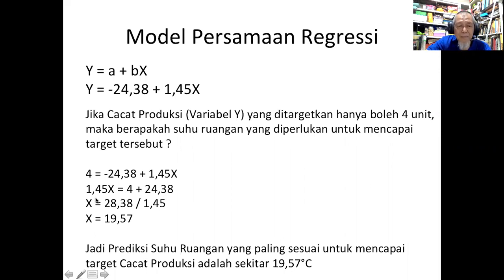Now we put x over here to find out, and we reverse the regression coefficient, so 28.38 divided by 1.45 equals 19.57. That means we can predict that if we want the number of defective products to be only 4 units, then the average temperature should be set to 19.57.